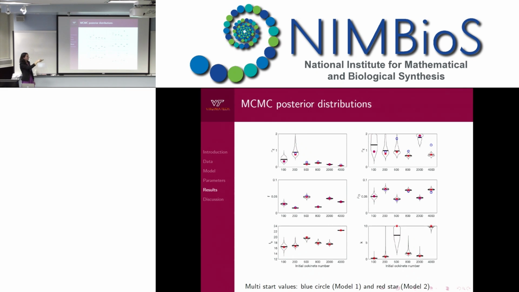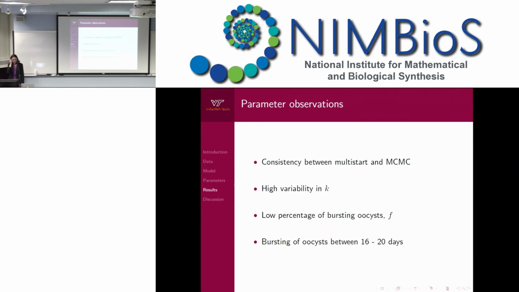The axes on these other graphs, for our transition rate to oocysts, our mortality of ookinetes, and our value for our maximal bursting rate, are at their full range. So we're really seeing much more variation in those parameters. To summarize a bit of what I've already told you, we see a lot of consistency between the multi-start and the MCMC, as we'd expect, but we get more information on the variability in the parameters from the MCMC, while we have the ability to look at a lot more things with the multi-start.